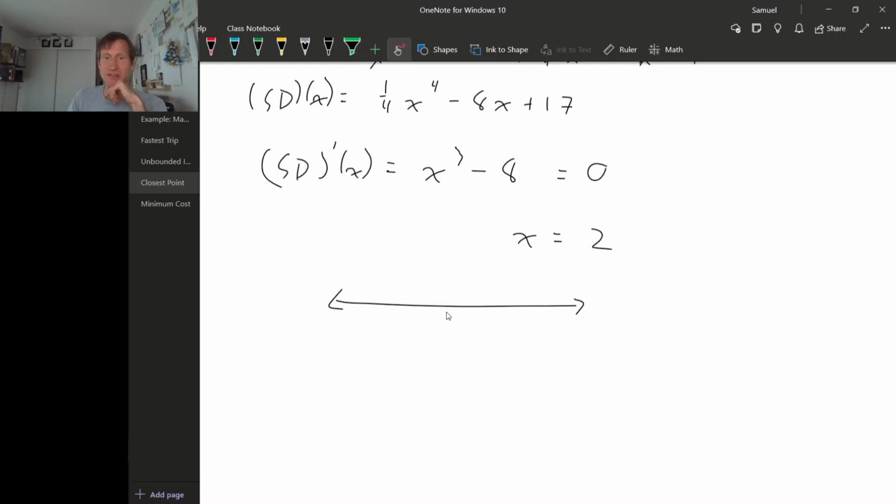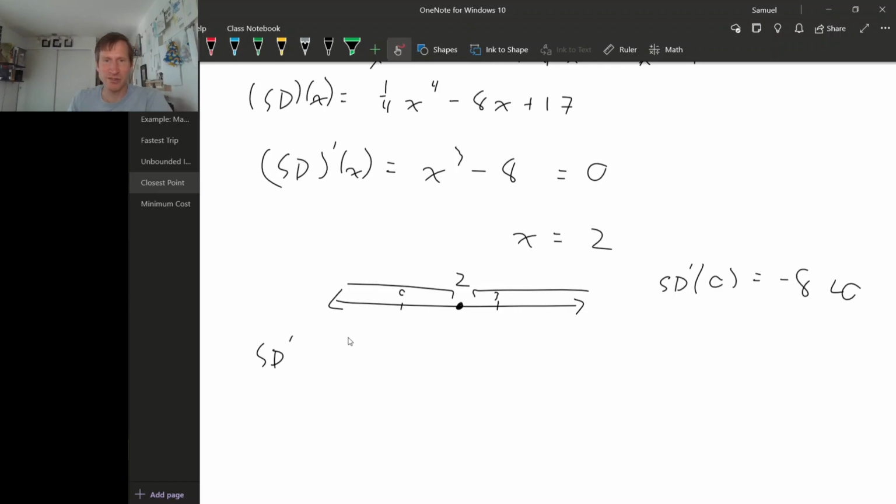So let's make a sign chart for the first derivative to see if this critical value is a local min or a local max, and maybe the sign chart will guarantee that we have an absolute minimum here. Remember, geometrically, we are going to have an absolute minimum here, but it's good to know that that comes from the sign chart. Okay, so we need to choose some x values for test points because we have 2 intervals that we need to figure out here. So how about we use 0 and 3. Those seem good. So let's evaluate this derivative at 0. We get minus 8.